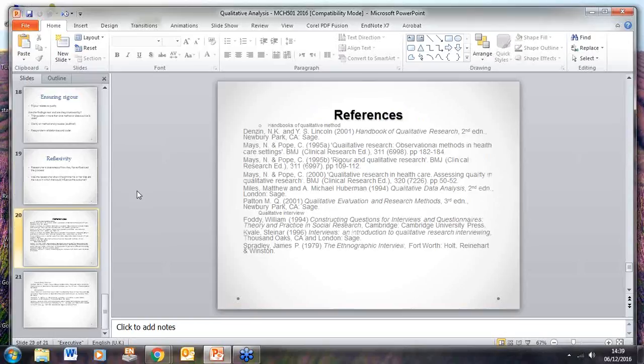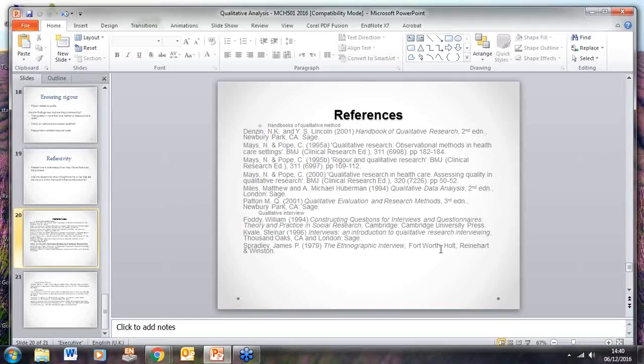So there's a number of references, and those of you who are particularly interested in qualitative research and are going to undertake any critical research, there are lots of key people there. But in terms of your particular research review, this article by Mays and Pope, assessing quality in qualitative research, from the BMJ, is a particularly good article.